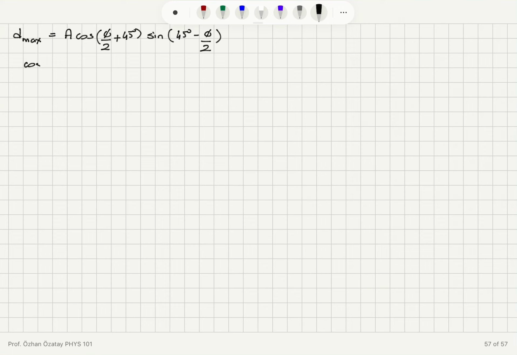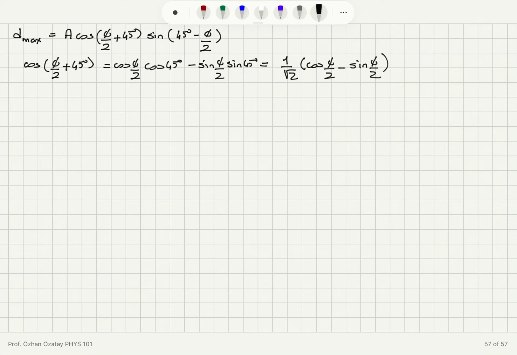So if I open up cosine of phi over 2 plus 45, this is cosine phi over 2 cosine 45 minus sine phi over 2 sine 45 degrees, which is 1 over square root 2 times cosine phi over 2 minus sine phi over 2. Cosine 45 and sine 45 are the same, square root 2 over 2 or 1 over square root 2.